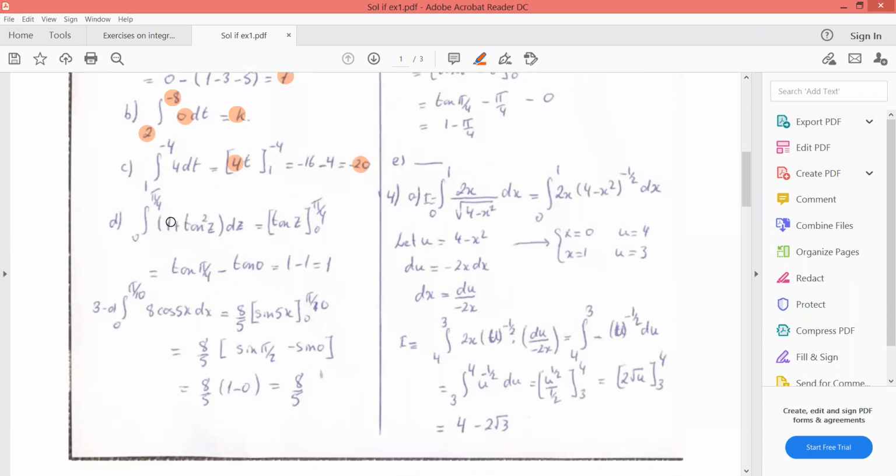Here you can take the integral from 0 till pi over 4. The antiderivative of 1 plus tangent squared is tangent z. You can take it as a rule.